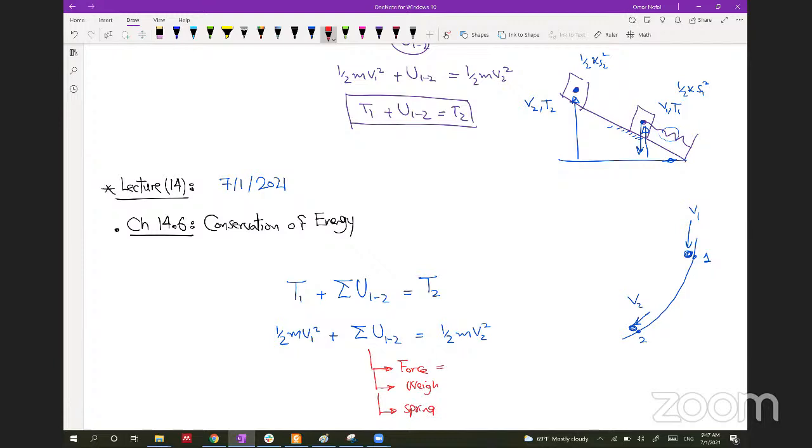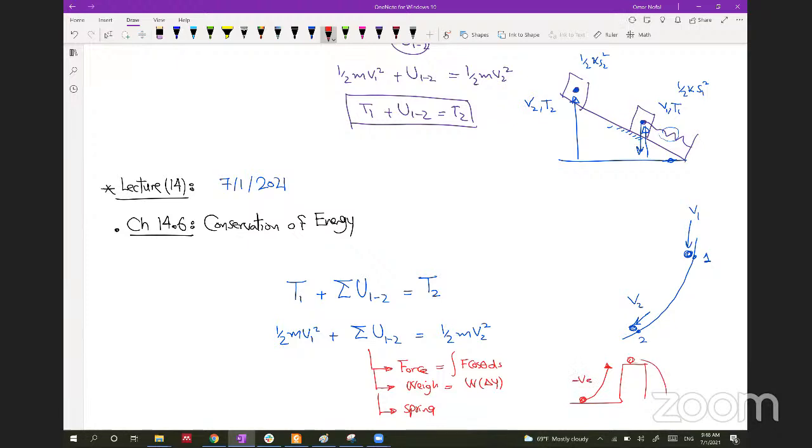You know that the work of a force will be the integration of F cosine theta ds, and the work of the weight is equal to W delta y. Keep attention that the work depends on how the weight is moving. If your weight is here and it's going up, it's a negative work.